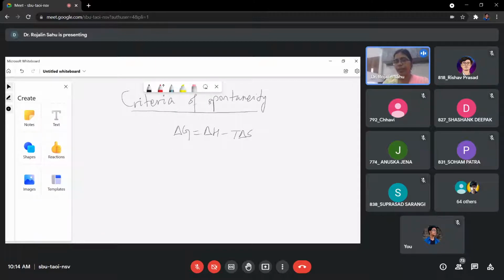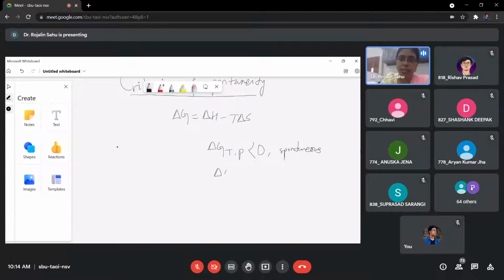We know that if del G is less than 0, then what will the reaction be, spontaneous or non-spontaneous? It will be spontaneous. And if it is greater than 0, it is non-spontaneous.